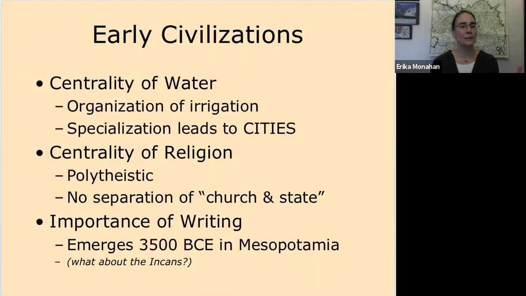In these earliest civilizations that Western textbooks tend to cover, in the region of Mesopotamia in the Middle East, in the Egyptian civilization in the Nile River Valley, these civilizations grow up first around water.